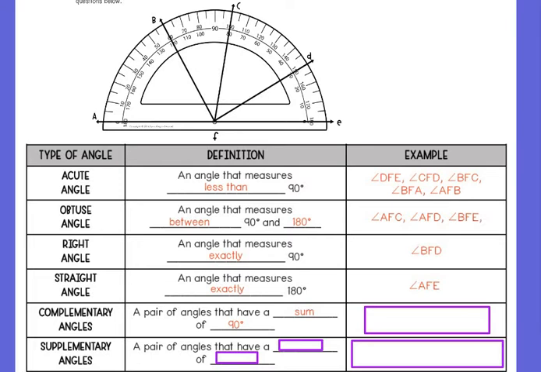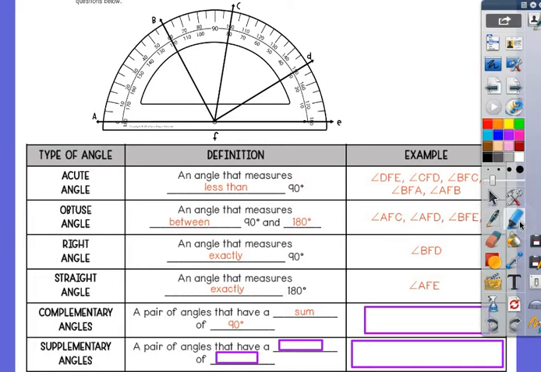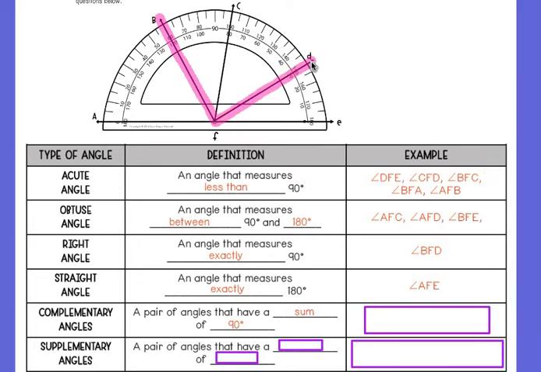Nathan found a 90-degree angle earlier. Do you see two angles inside of that adding up to 90 degrees? BFC and CFD.